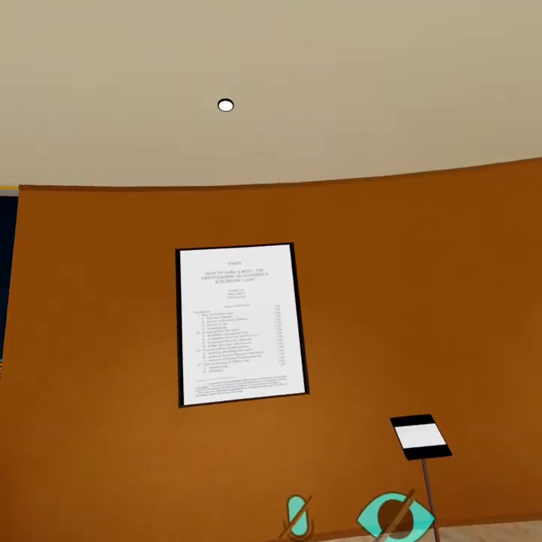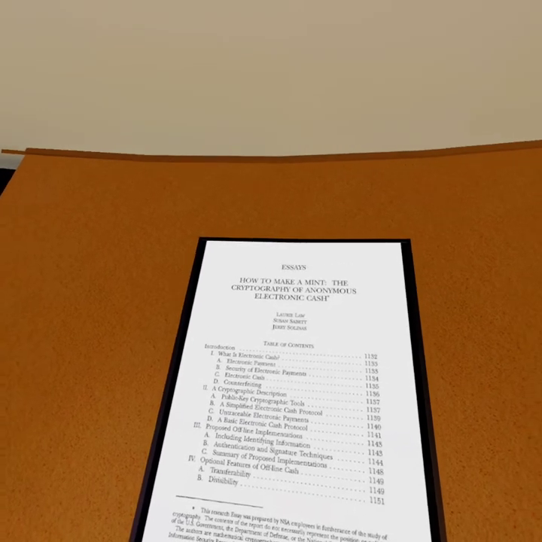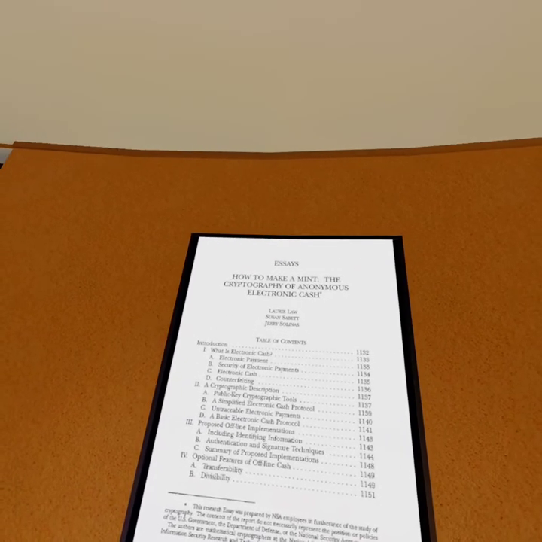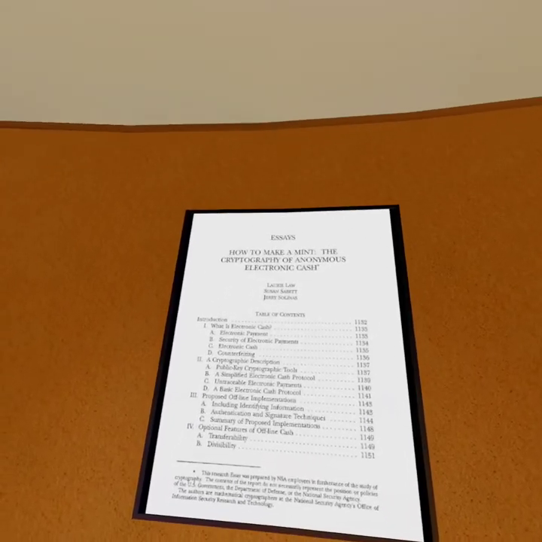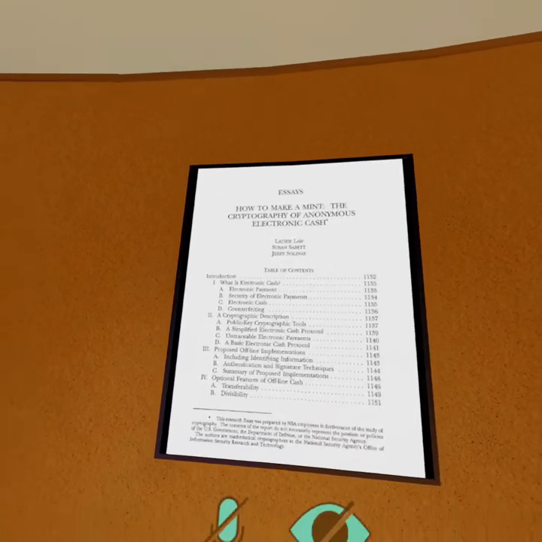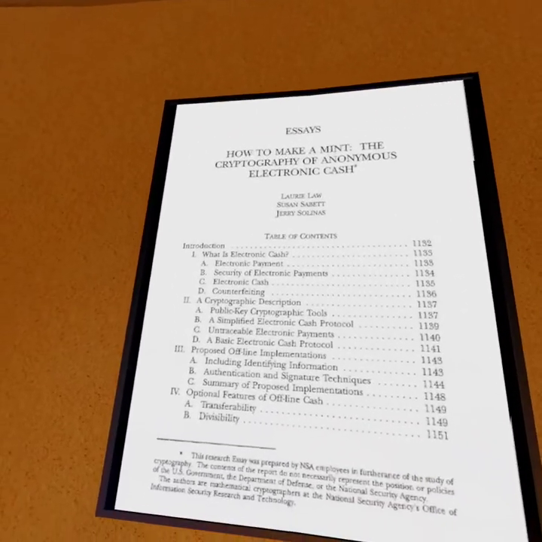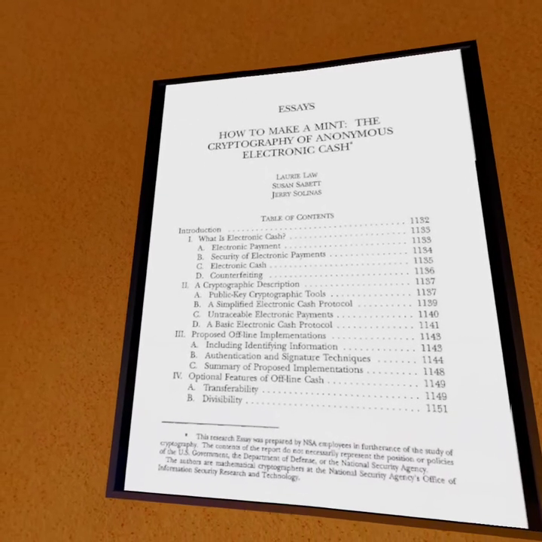Now, this paper here is really interesting. Supposedly, this is the essay "How to Make a Mint: The Cryptography of Anonymous Electronic Cash," allegedly written by the NSA people, I think about 10 to 11 years before the Bitcoin white paper.